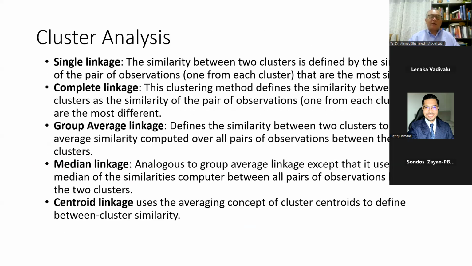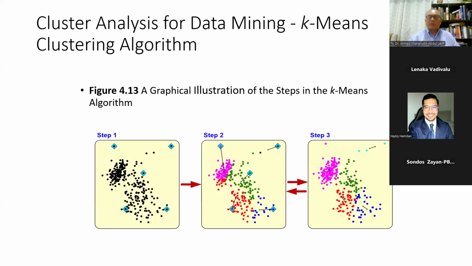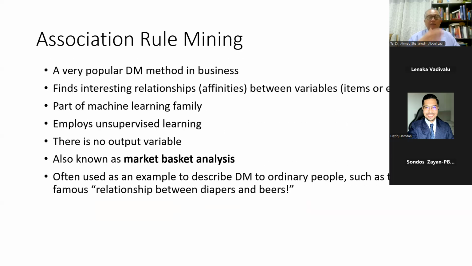And then there is another unsupervised learning, which is association. Association is another popular data mining method. It looks into relationships between variables. Remember, in the beginning of this course, we talked about variables. Variables are things that interest us that are pertinent or related to a particular entity.